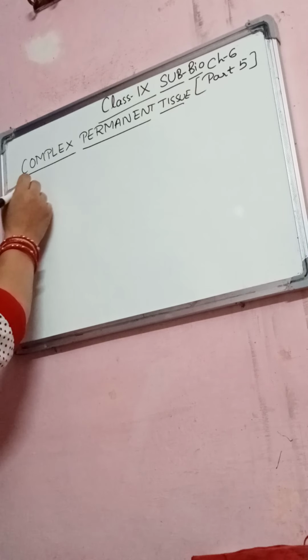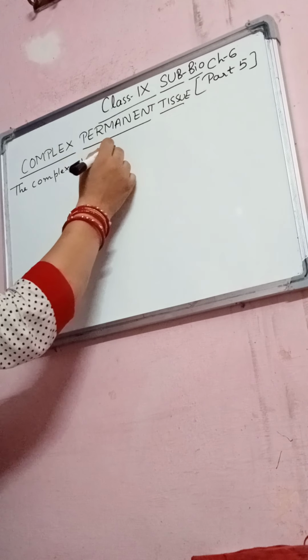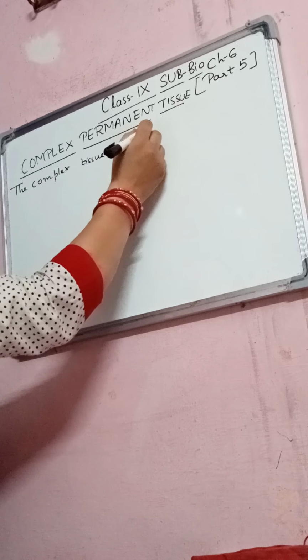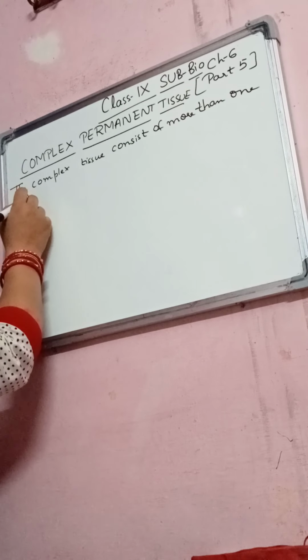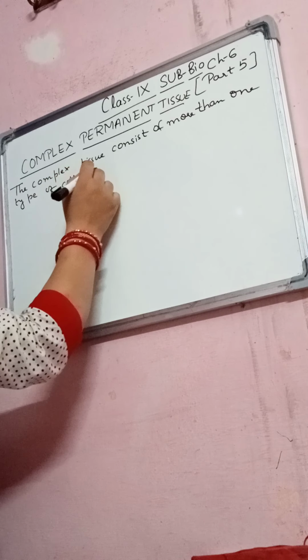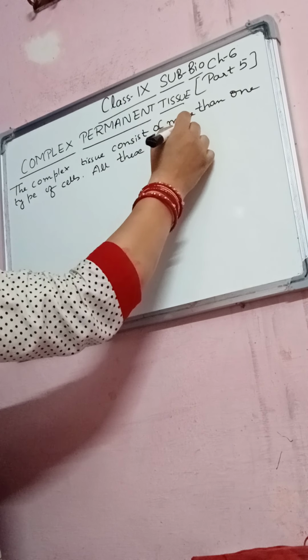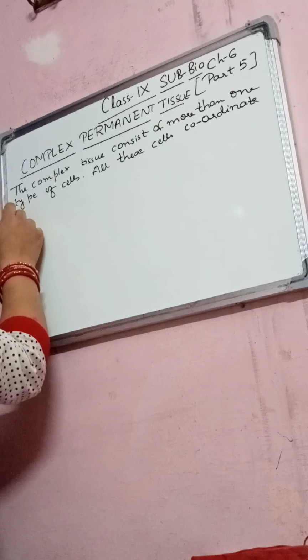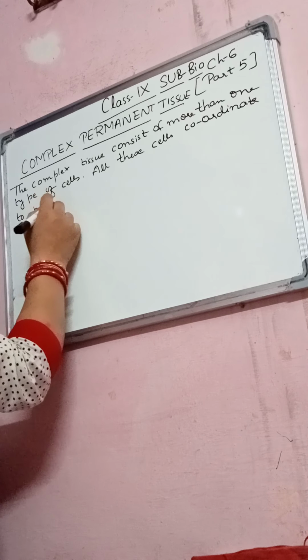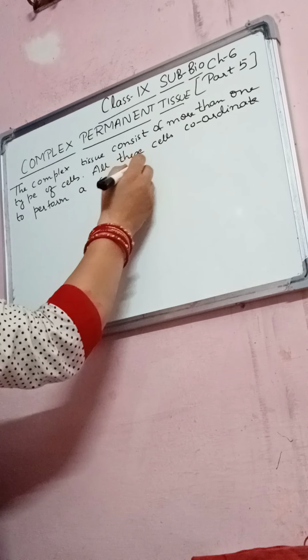The complex tissue consists of more than one type of cells, and all these cells coordinate to perform a common function.